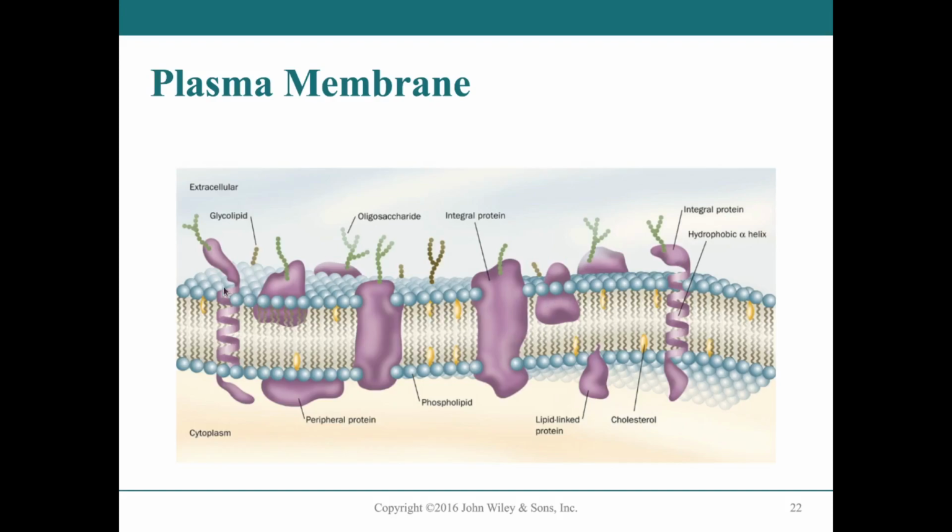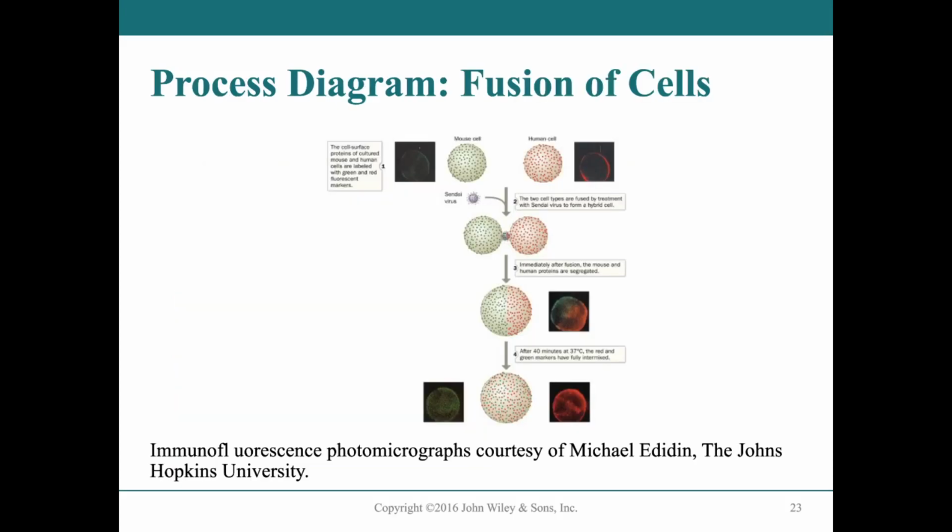They can also be linked to the lipids themselves. So you have a mosaic of proteins floating around a sea of lipids, and that is your fluid mosaic model in a nutshell.